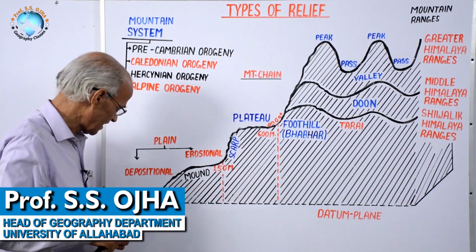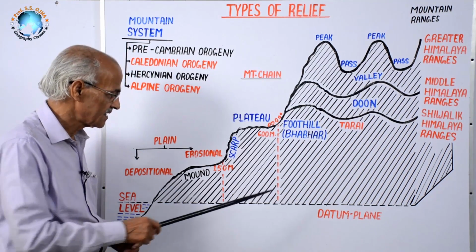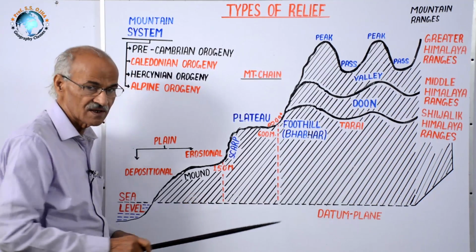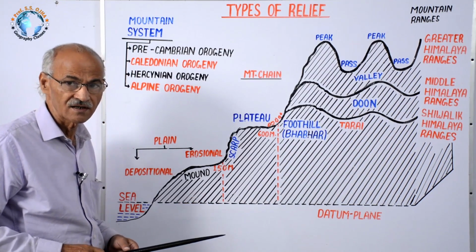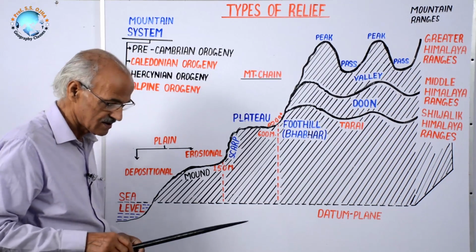Sea level, or mean sea level, and there is one datum plane. Datum plane is an imaginary line drawn at the level of sea level.